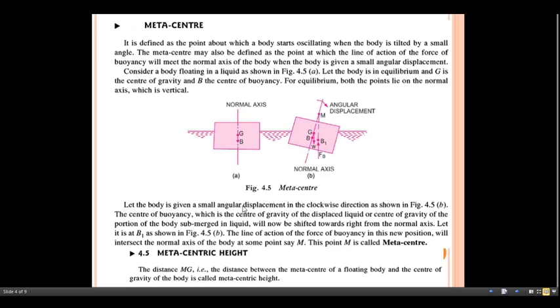Let the body be given an angular displacement in the clockwise direction. The center of buoyancy will now shift towards the right of the normal axis.